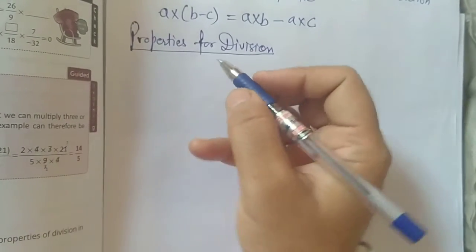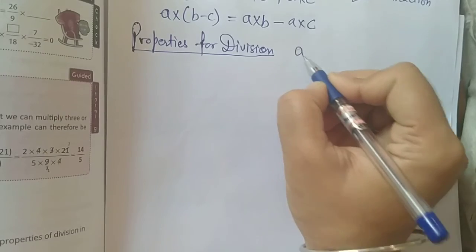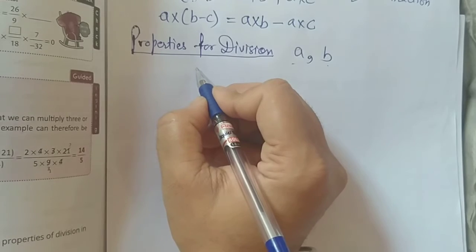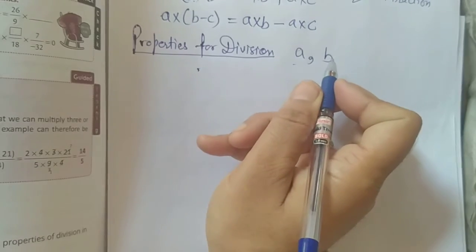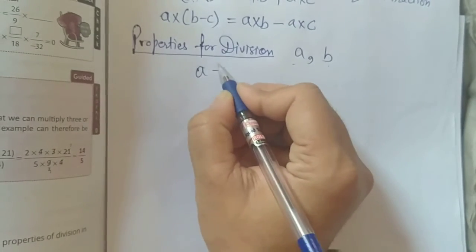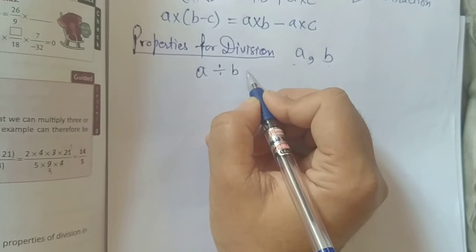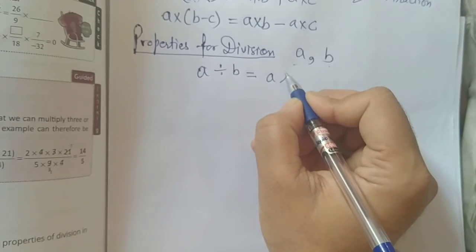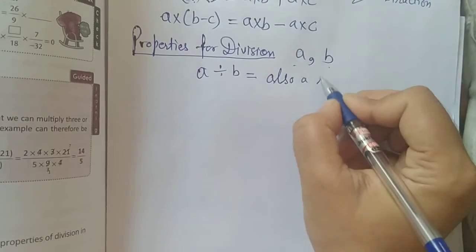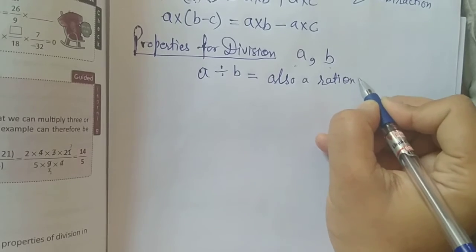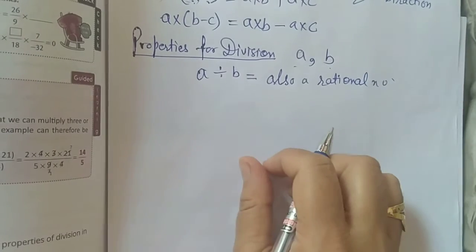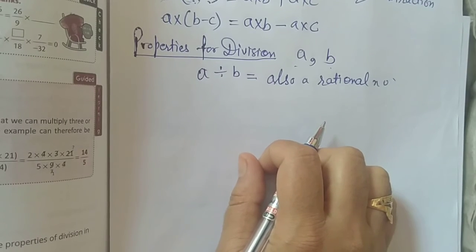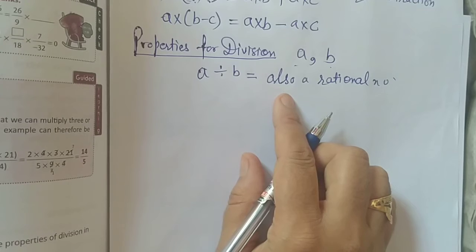Now division: if we have two rational numbers a and b, where a is a rational number and b is a rational number, then a divided by b will also be a rational number. But sometimes it is not true. In some cases this property will not be true.